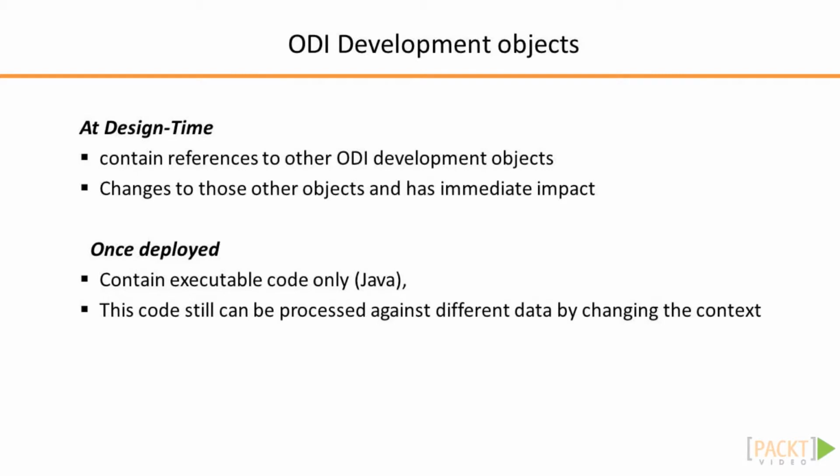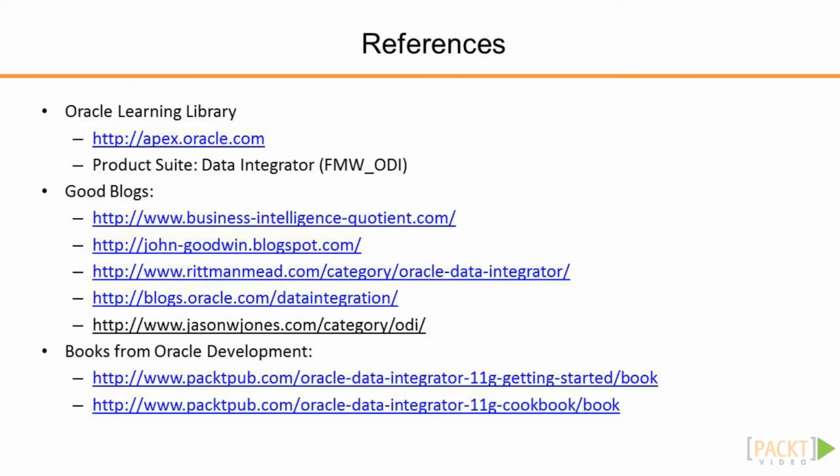Most important to understand in this section is a strong separation between the how, the what, and the where: how data is transformed, the strategy, what data is transformed, and where it is transformed. And keep in mind that you are developing on logical objects, reducing the complexity of the often very heterogeneous physical environments of your landscape. And here is a slide with some references where you can find additional materials on ODI.